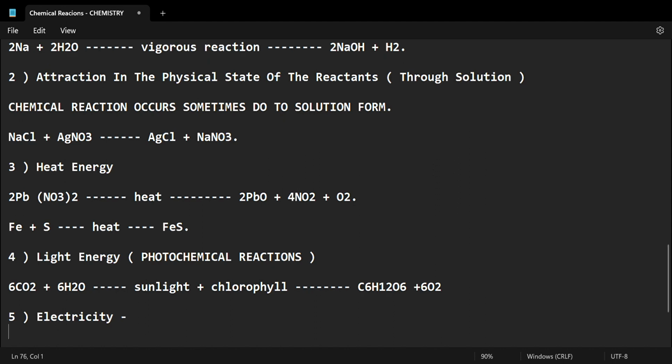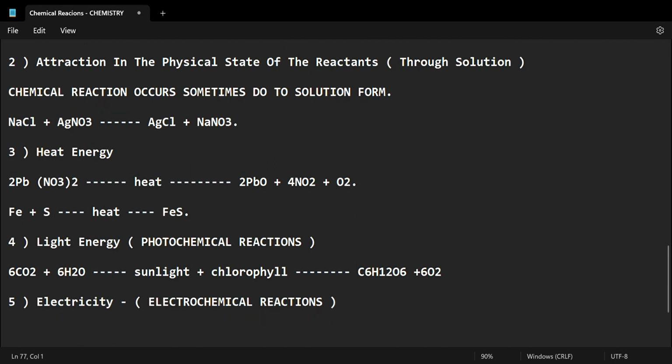So we have learned about photochemical reactions, which is due to light energy, and electrochemical reactions, which is due to electric energy. Water decomposes into hydrogen and oxygen, which are gases, when electric current is passed through it.